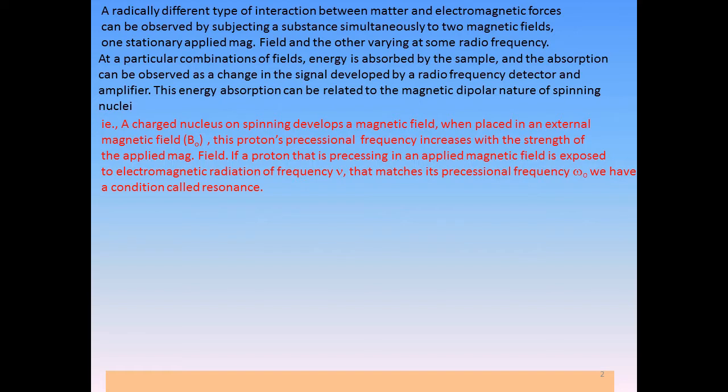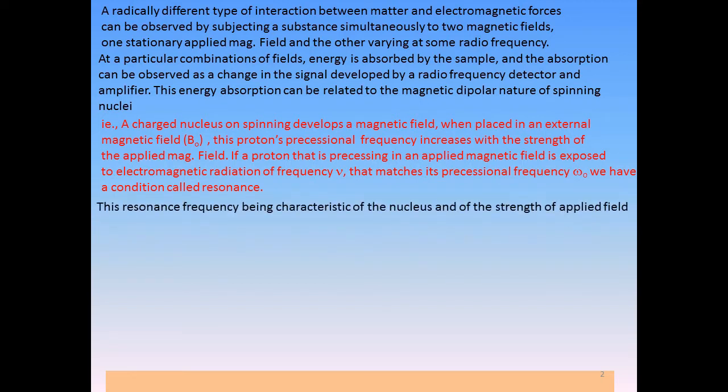So if a proton that is precessing in an applied magnetic field is exposed to electromagnetic radiation of frequency nu, then when it matches the precessional frequency omega naught, we can observe a condition called resonance between that nucleus and the radiation. This resonance frequency is characteristic of the nucleus and also of the strength of the applied magnetic field.